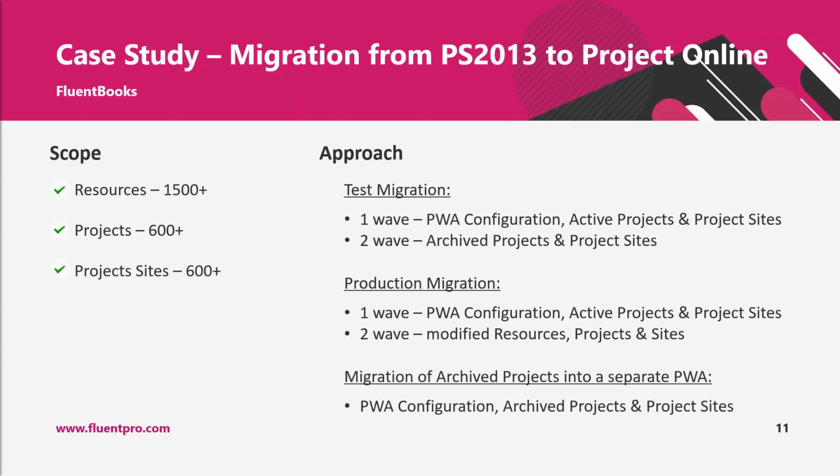Splitting data into active and archived helped us to move to the production Project Online environment faster, because there were about 200 active projects and about 400 archived ones, and reducing the scope makes migration faster. But archived projects were not left behind, they were also migrated.